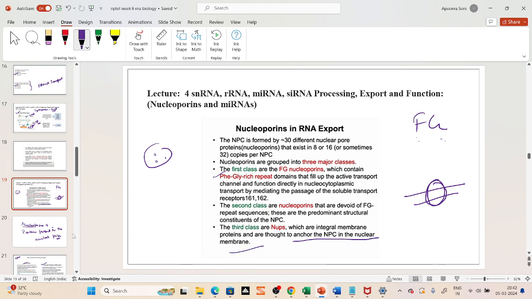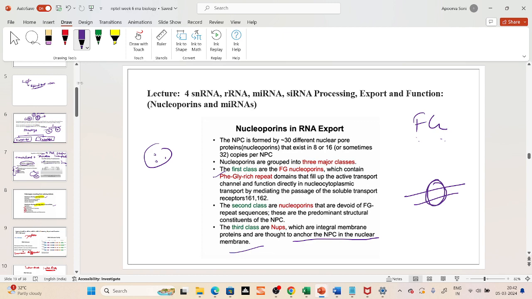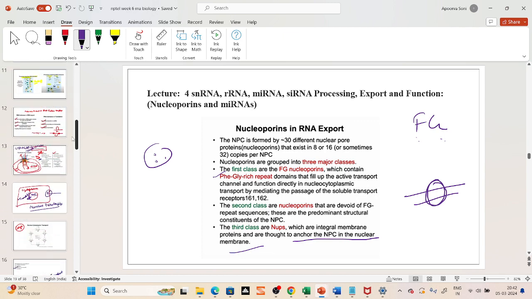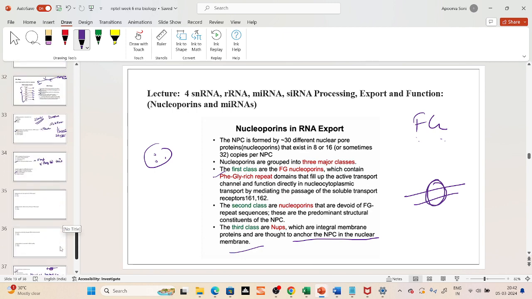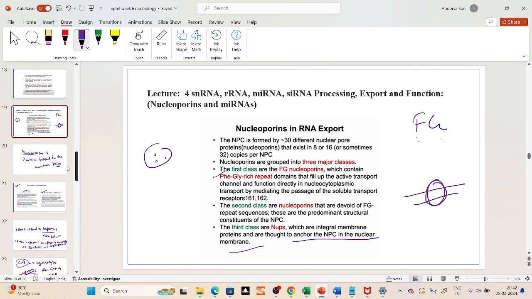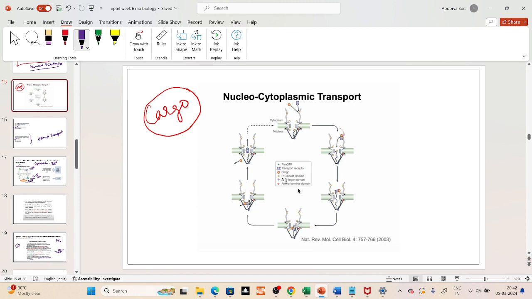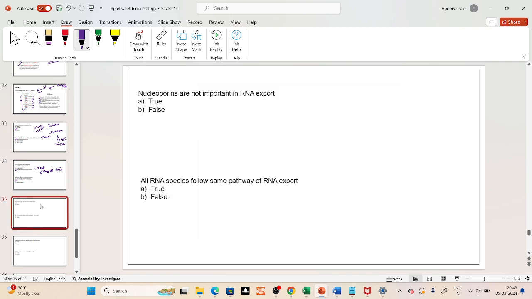So the slide where we have studied about the FG proteins, these FG mediated domain proteins are nothing but nucleoporins. So the answer is false.